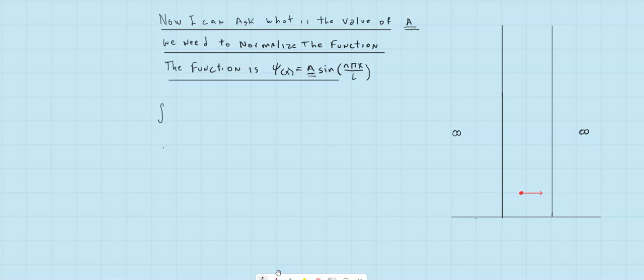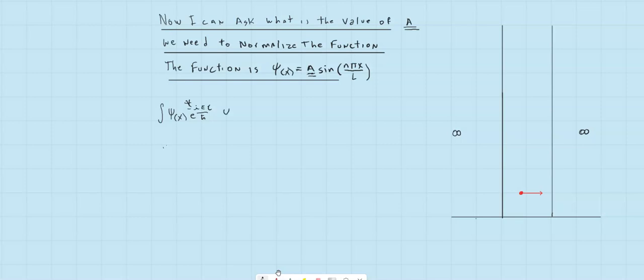Okay, we know that we have psi of x, and we're going to do the time dependent part: e to the negative i E t over h bar, times, this is going to be psi star. I'm going to put something in now so that you can understand.